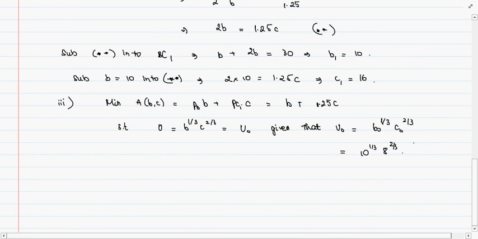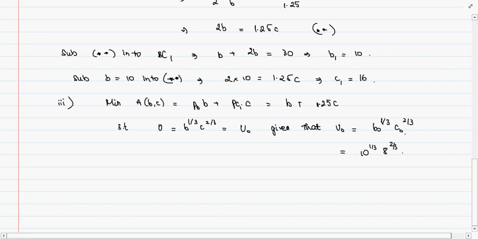Okay, so we want a utility equal to this. And we want to find a bundle B and C that is going to minimize the cost of expenditure.